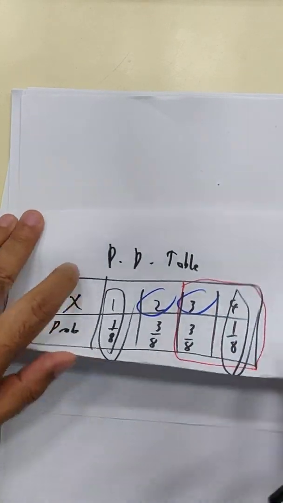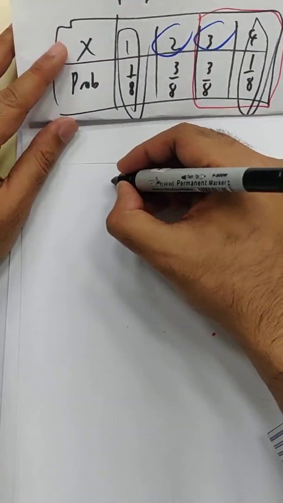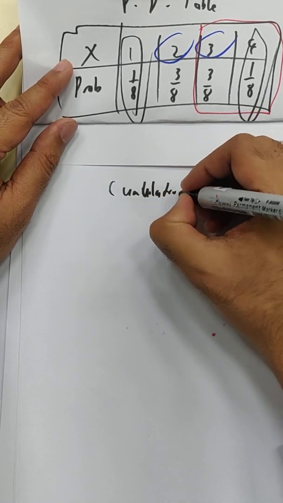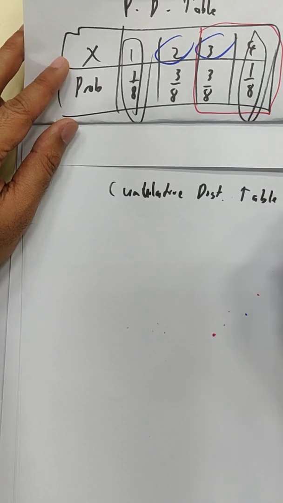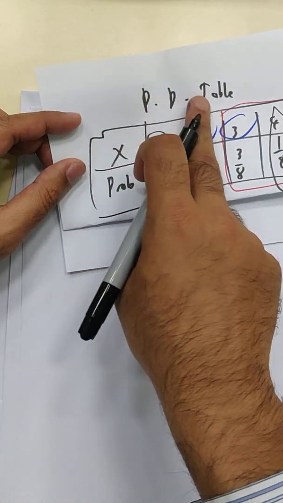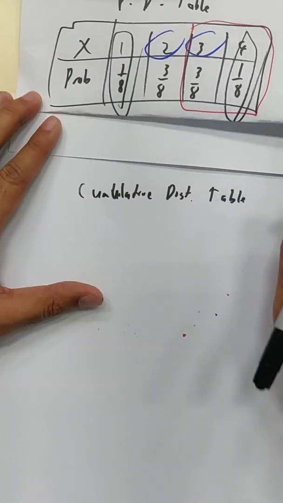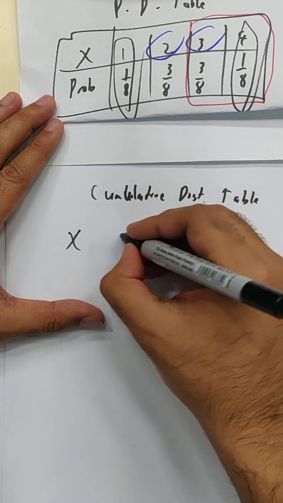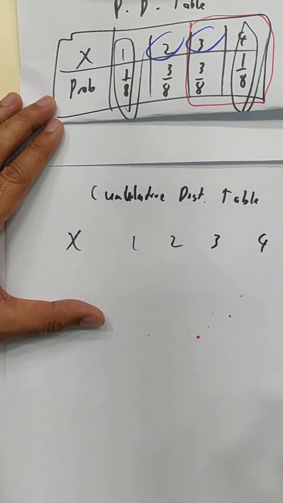And then right now I want to find the cumulative distribution table. Okay, this is the probability distribution table. Now I'm going for the cumulative distribution table. So it's still the same X: 1, 2, 3, 4.